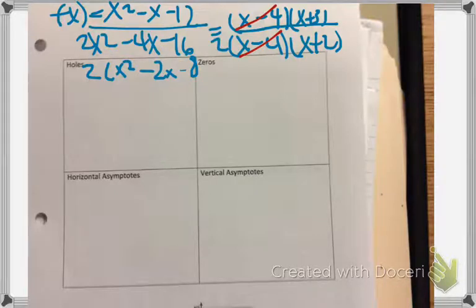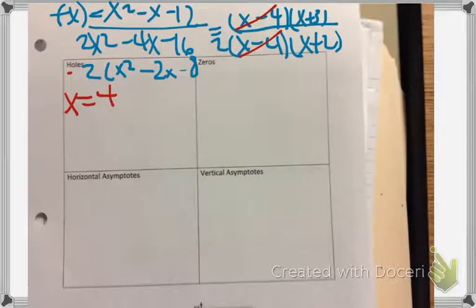Okay, so I want you to come over here to where we have the title of holes, and the hole for x is going to be at, where would this go to 0? 4. Positive 4, yes. All right. Now, that's just the x coordinate. We're going to have to figure out where the y coordinate is.